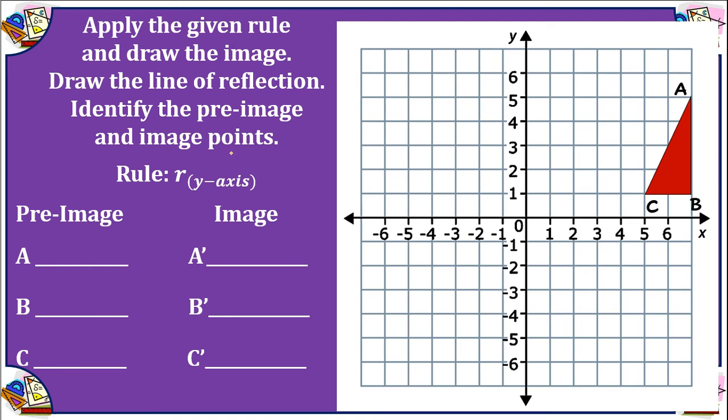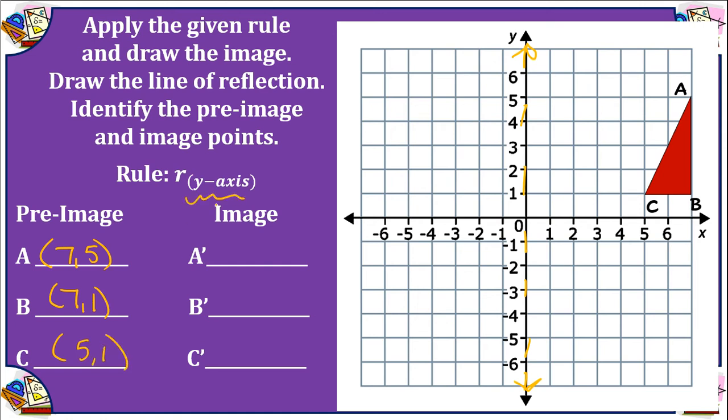Okay, let's do one more. And this time, our rule is to reflect across the y-axis. So I'm going to put in that line of reflection with a dotted line. And our pre-image coordinates, A is 7, 5, B is 7, 1, C is 5, 1.